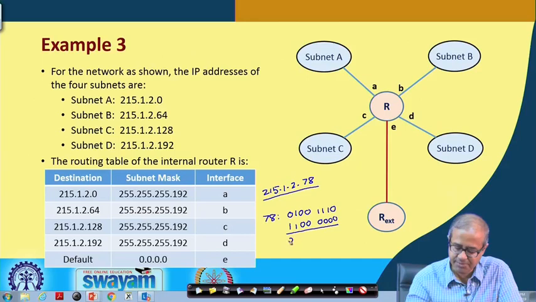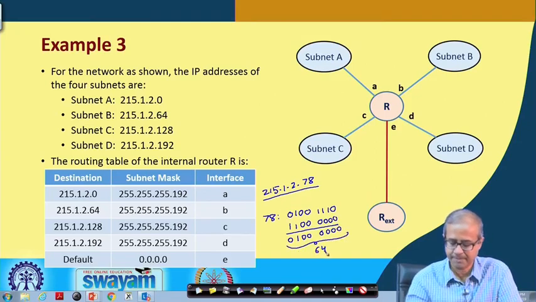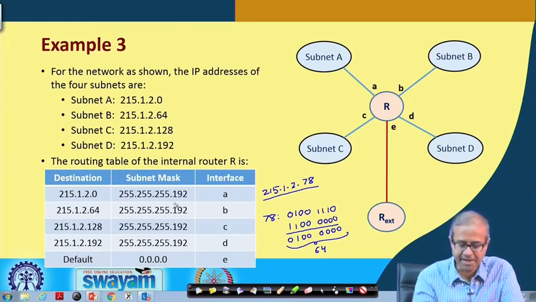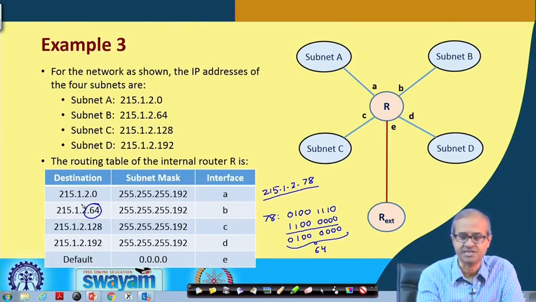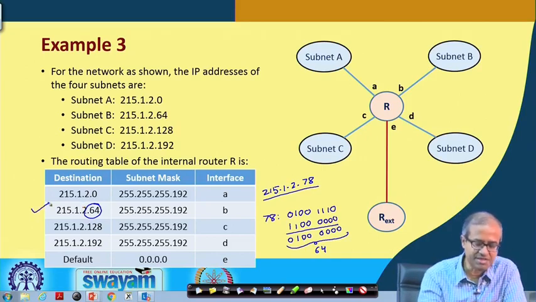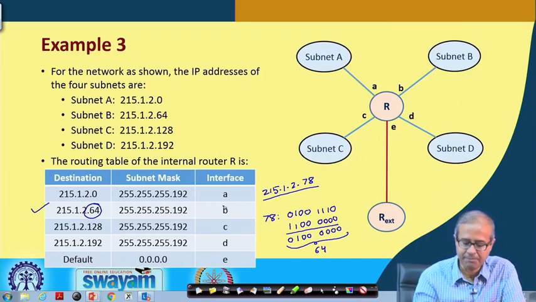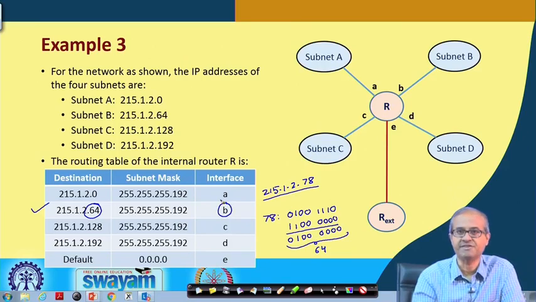You see this second bit will be 1 and 1, so this bit will be 1, and all the rest will be zeros. How much is this in decimal? This is 64. So, if you do a bit by bit ANDing with 192, it is 64, and if you look at these rows, there will be a match only with the second one, because 64 is here. So, there will be a match with the second row and the packet will be forwarded to interface B. This is for the second packet.